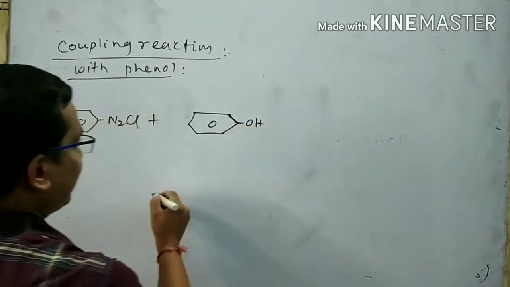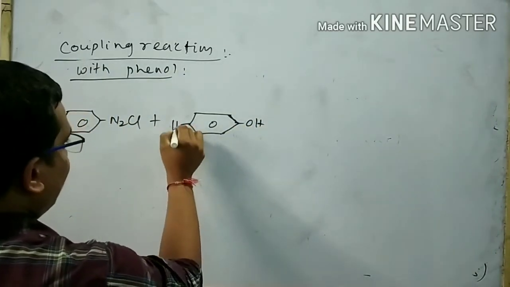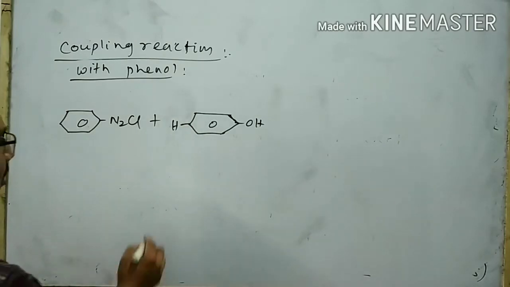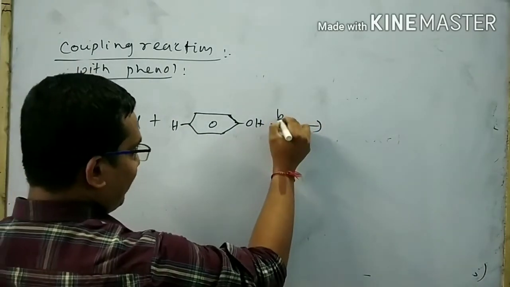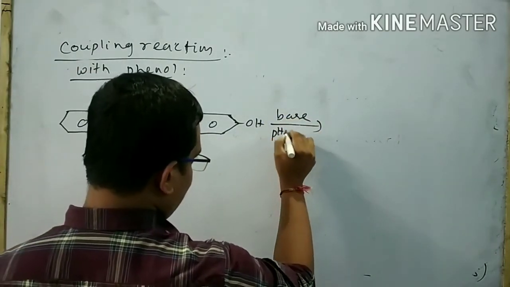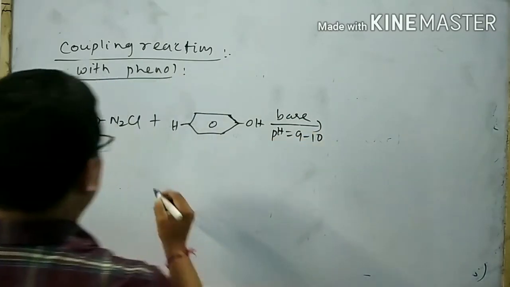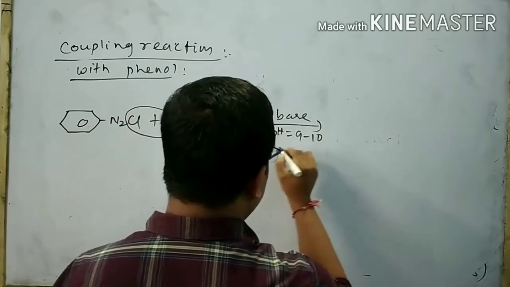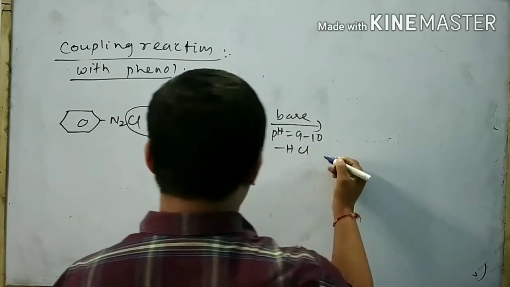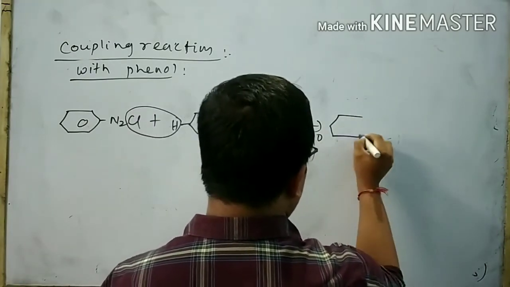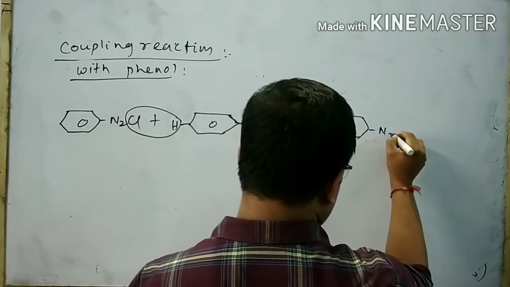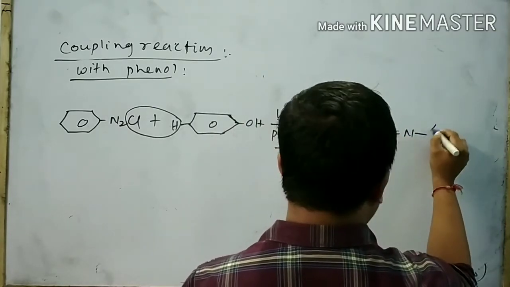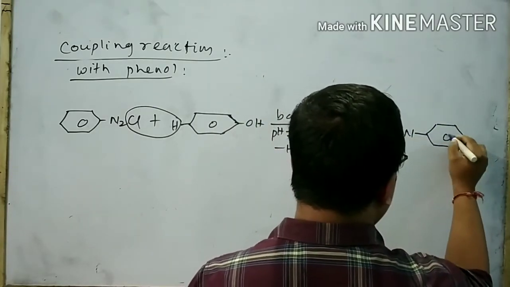This is the structure of phenol. This is the hydrogen atom present at the para position. We take a base, pH is 9 to 10. Then what will happen? There is a loss of an HCl molecule, and we will get an azo compound. This is an azo compound.